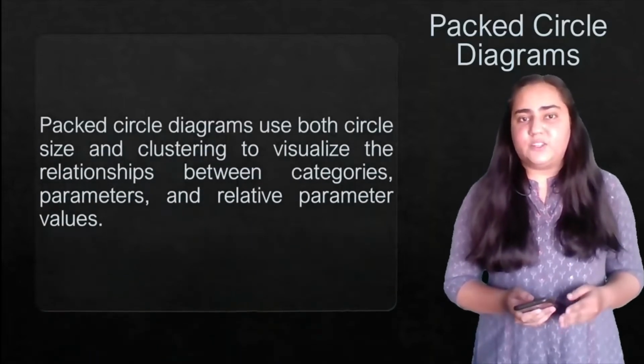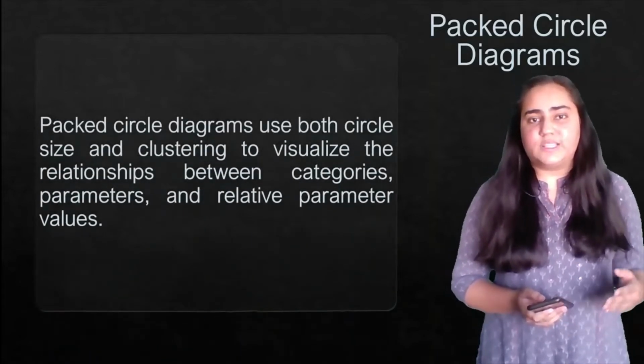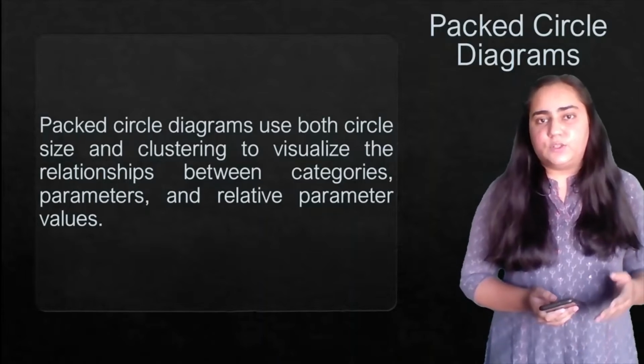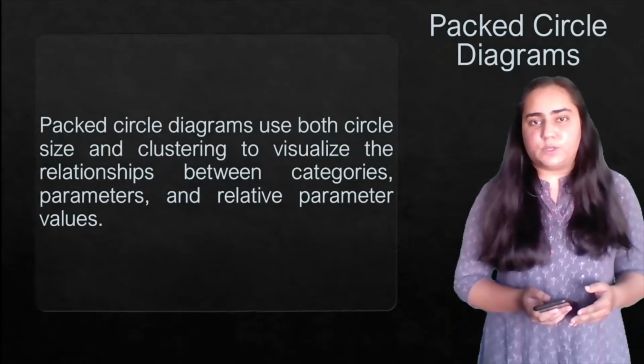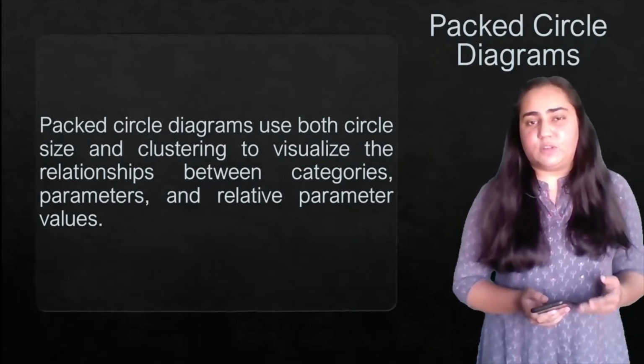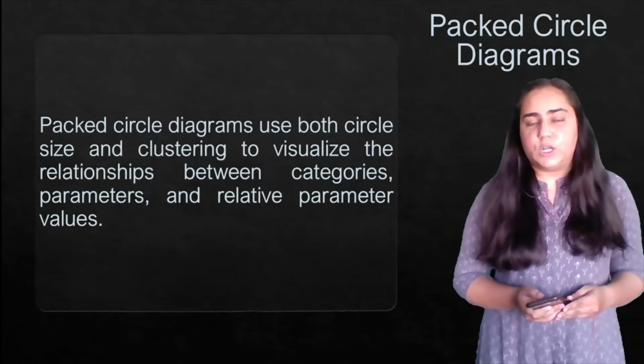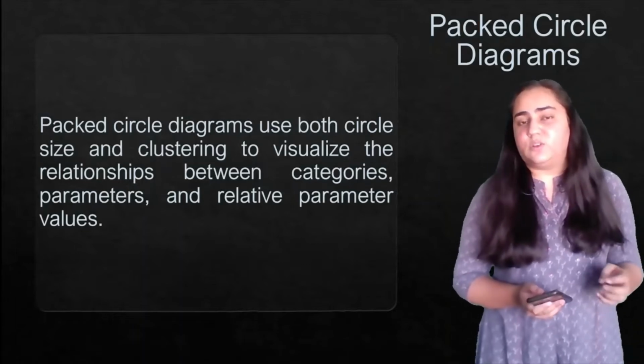Next, we have packed circle diagrams. Packed circle diagrams use both circle size and clustering to visualize the relationships between categories, parameters, and relative parameter values. So here, you don't just use the size, but you also use clustering.